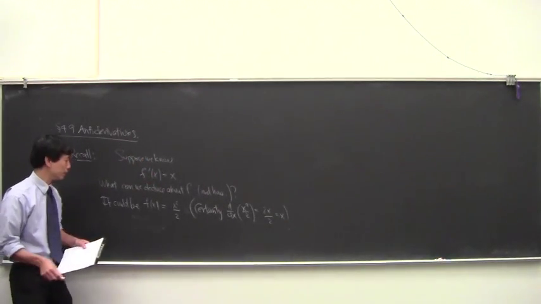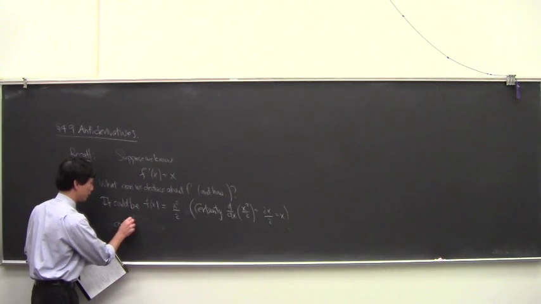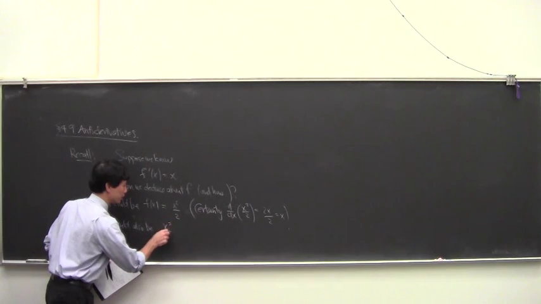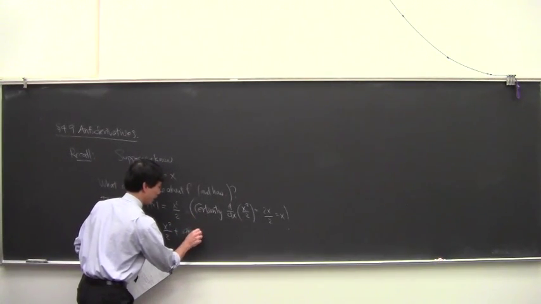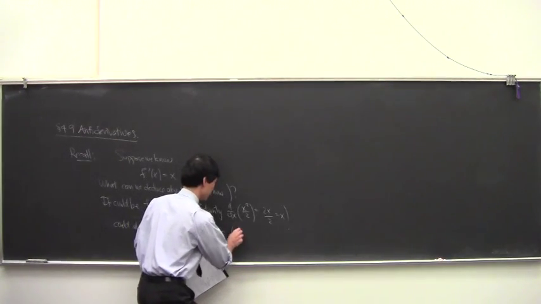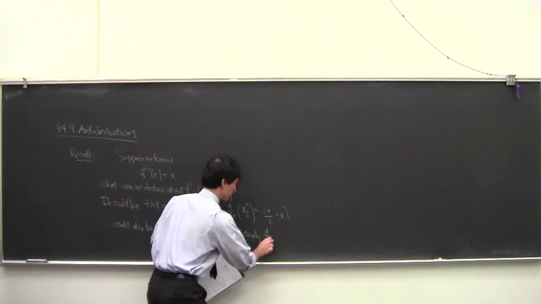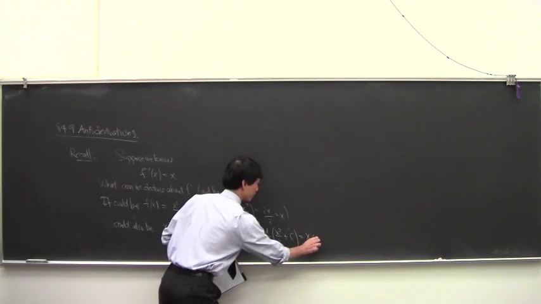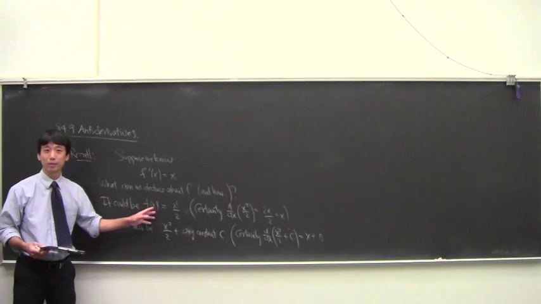So it could be x squared over 2, and Victor is saying, well, it could also be x squared over 2 plus any constant c, right? Because again, certainly the derivative of x squared over 2 plus some constant is going to be x plus 0. Right? So it could be these things, right?